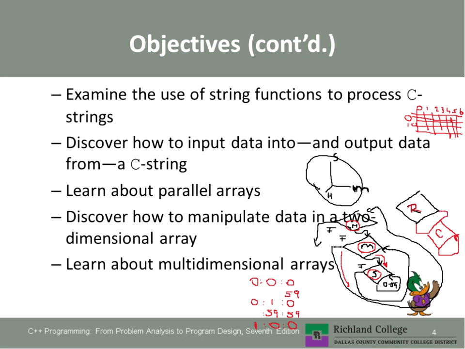And when the column exits, it goes to the next row. Okay? And when the row exits, we're done processing the array. Okay?